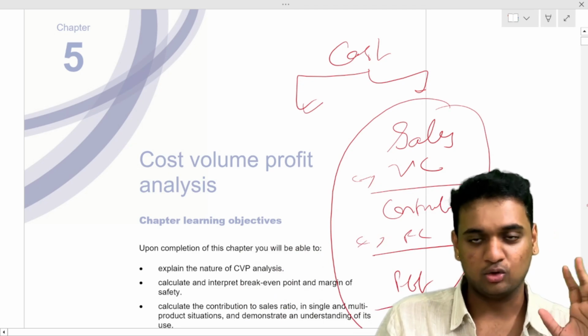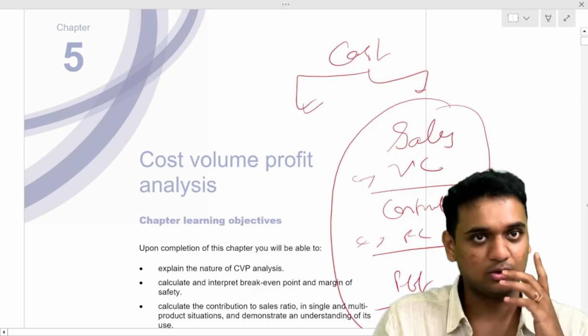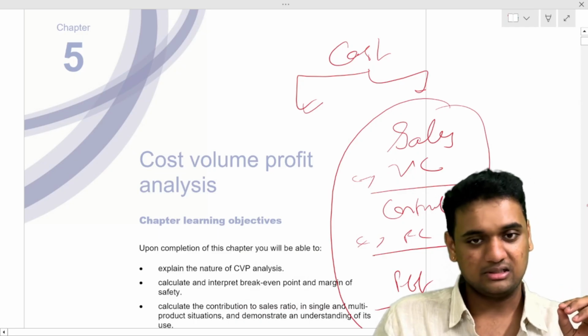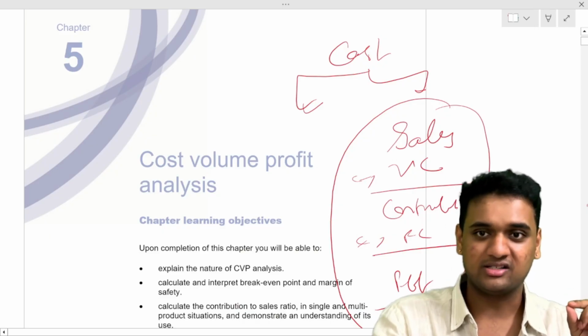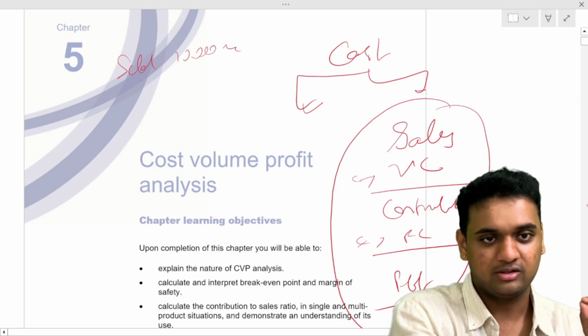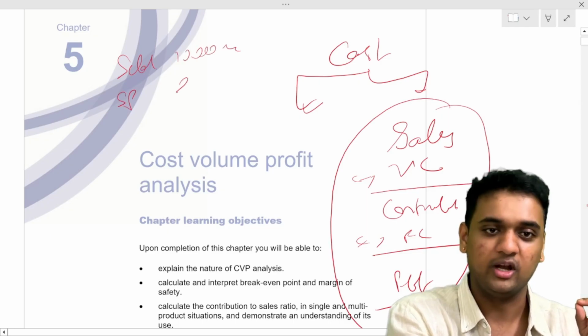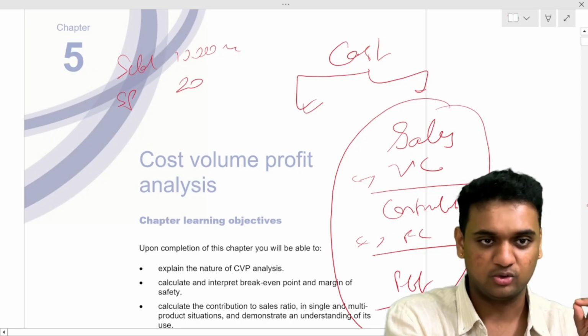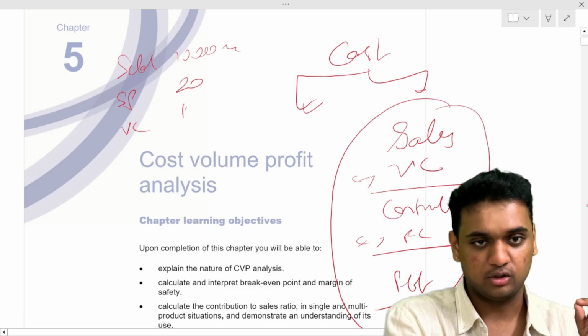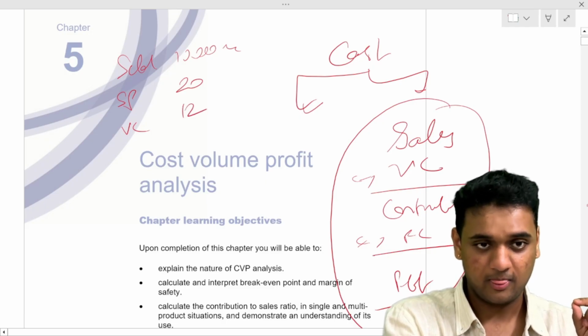I sold 10,000 units. Selling price per unit is 20 rupees. Variable cost per unit is 12 rupees.